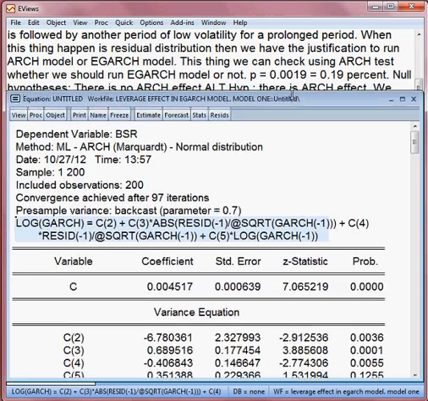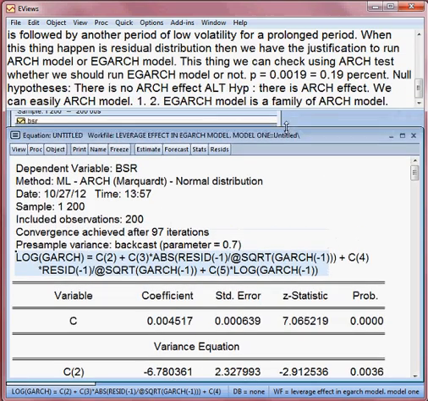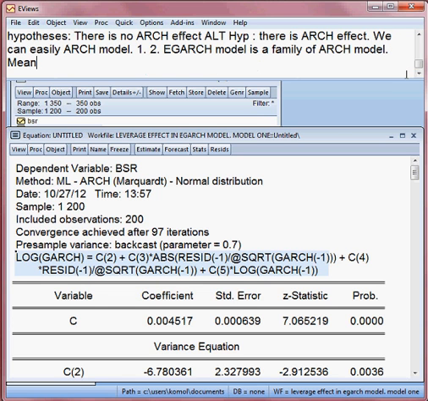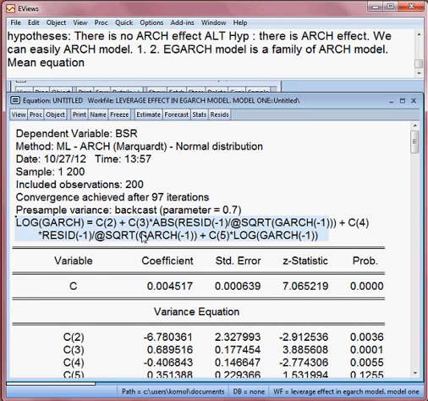Actually this model has two parts. Number one is the mean equation. From here you can see this is the mean equation, the first part of the model.